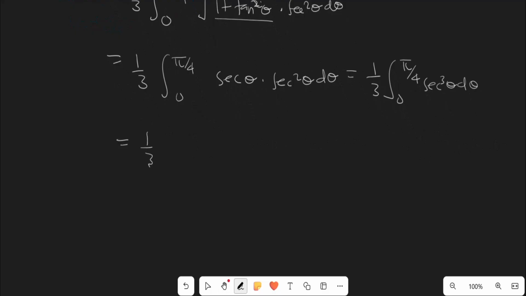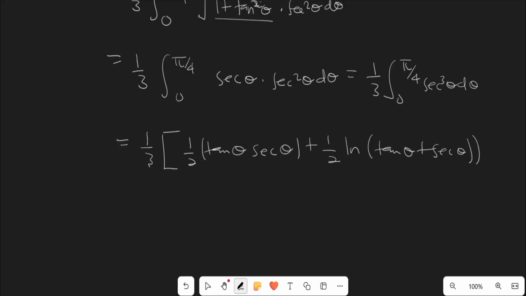And this one, we have done this before. The integral of secant to the third power of theta, the value of this integral is 1/2 tan theta secant theta plus 1/2 natural logarithm of tan theta plus secant theta, and we are integrating that from 0 to pi over 4.